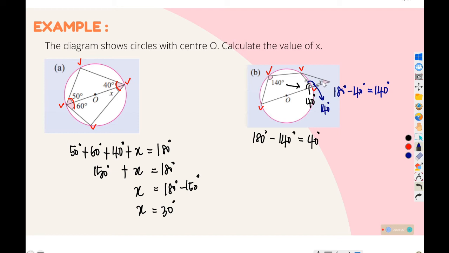Next, you want to find X. As you can see, this is an isosceles triangle, so X is equal to 180 minus 140, which is 40 degrees, then divide by 2. Because of the isosceles triangle, you will get X equal to 20 degrees.